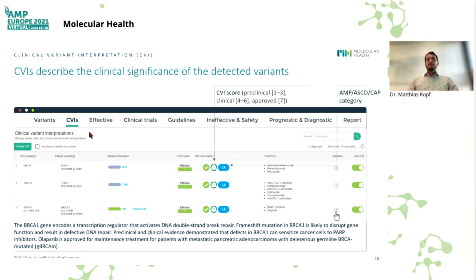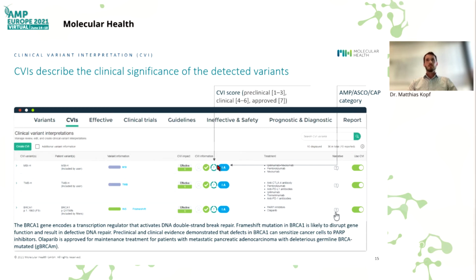As mentioned, the CVIs are the core building blocks for the report, and they are automatically matched to patient variants from our reference database, either in a disease-specific way, but we also present data from, of course, other cancer types, then with a little disclaimer that hints you to the fact that this information is not for the patient's disease, and of course also with lower scores.